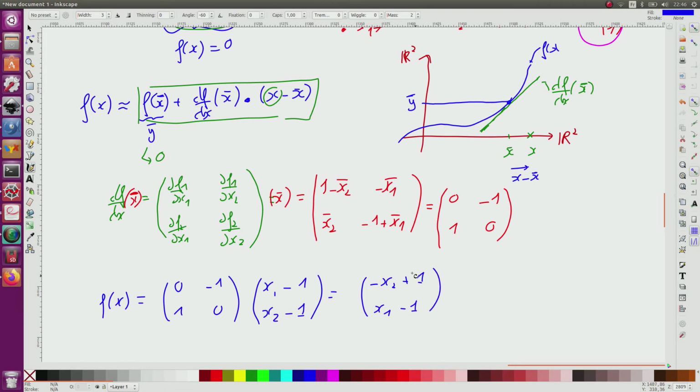So it means that this is affine, so it's approximately equal to this.